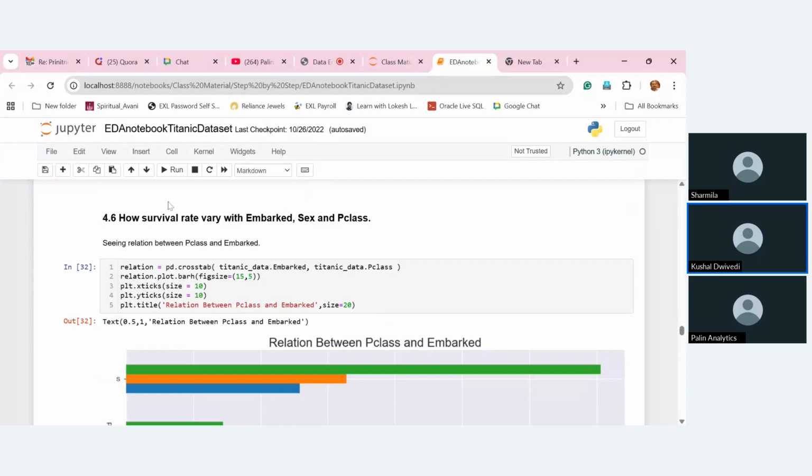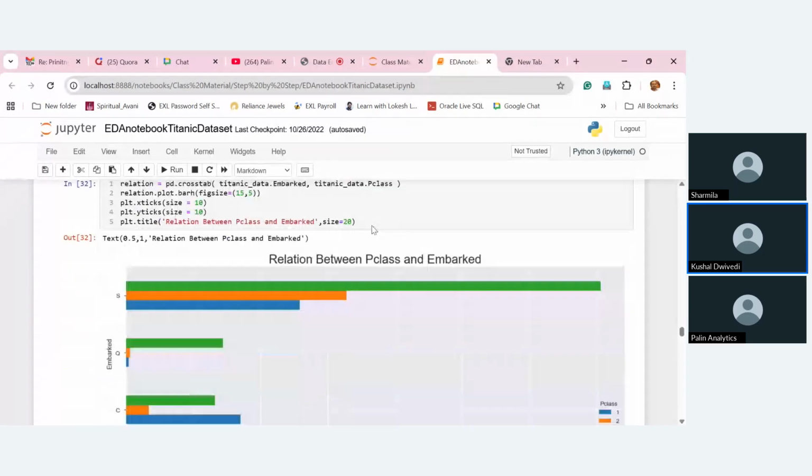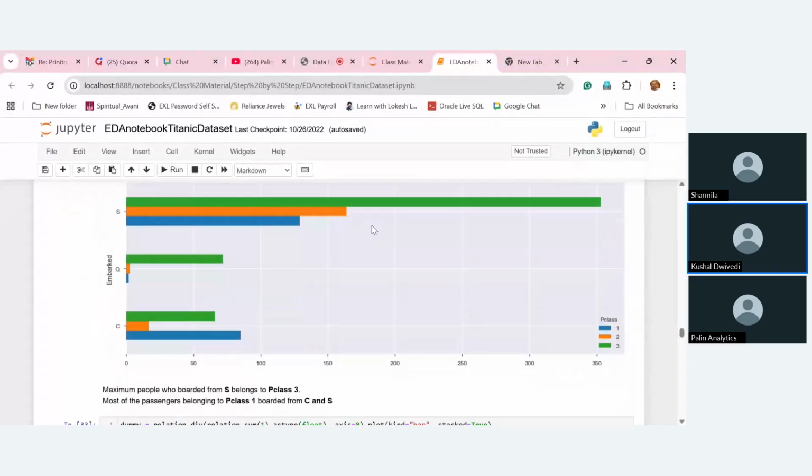And then how the survival rate varies with embarked, sex and passenger class. You can see that for Southampton there were many people in class three, because Southampton was where the ship started, so most of the people were from Southampton only.